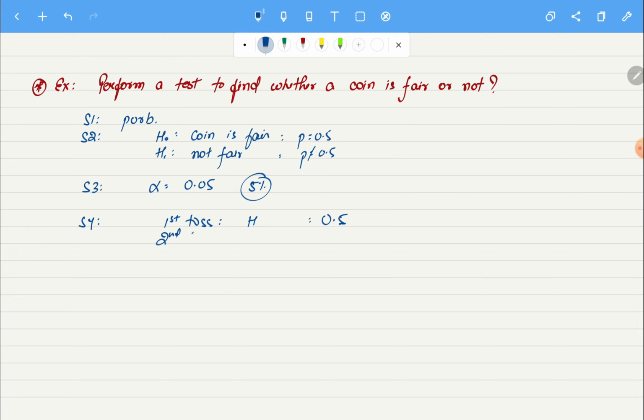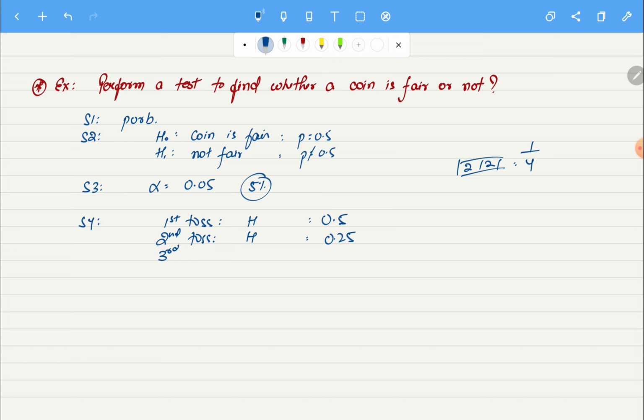We tossed it the second time and we got head again. When we toss a coin 2 times, there are 2 possibilities for both, so there are a total of 4 possibilities and we have got head. So now the probability is 0.25, which is still above 0.05, so we are still fine.